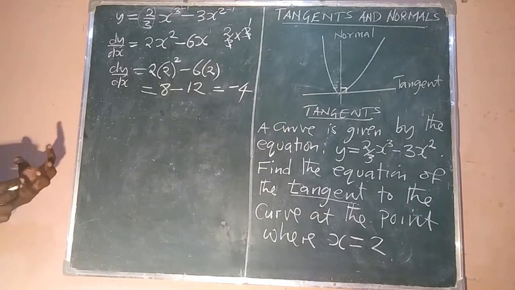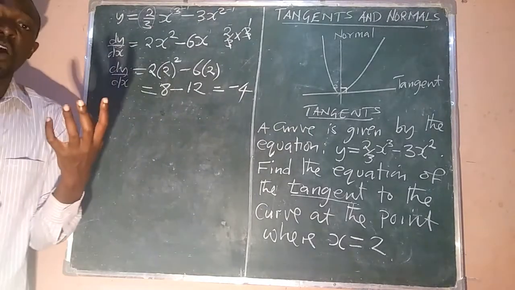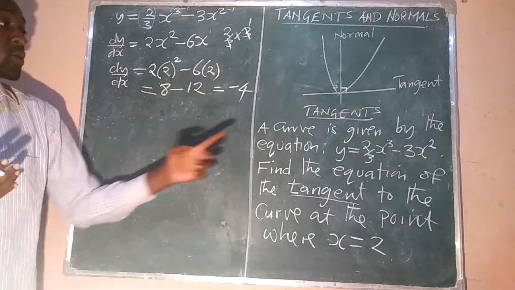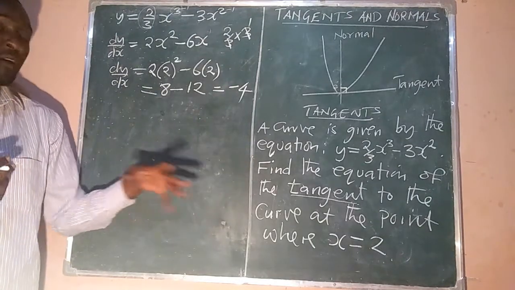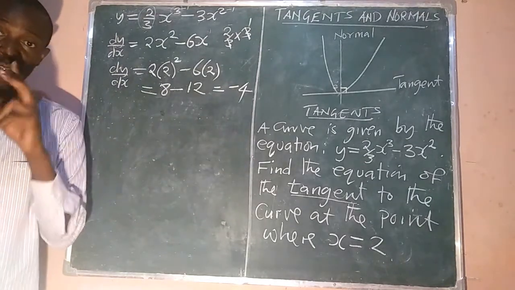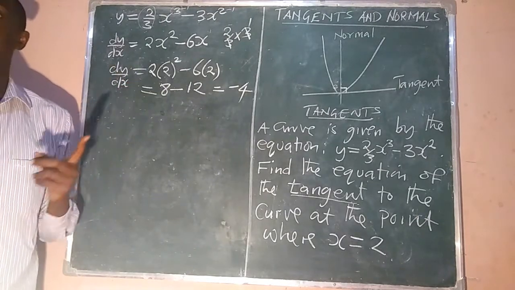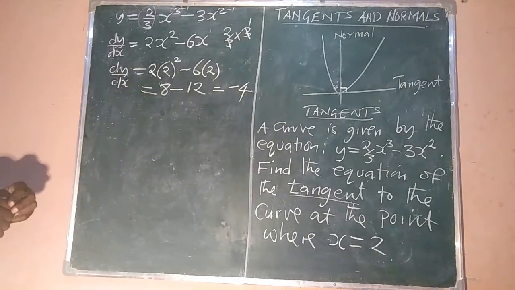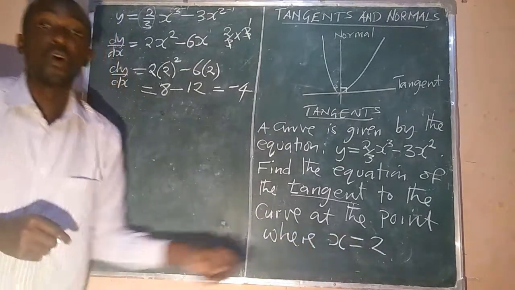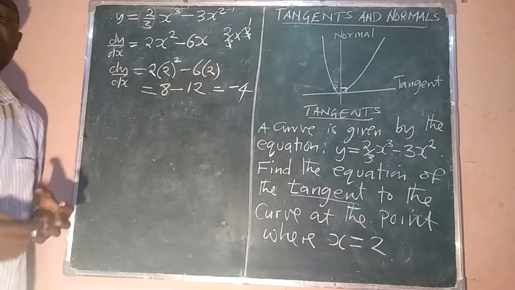Now that we have the gradient, we need a point that we can use to find the equation. When you're finding the equation of a straight line, you need two things, a gradient and a point. At this stage we already have x is equal to 2. We need the y value of that coordinate.